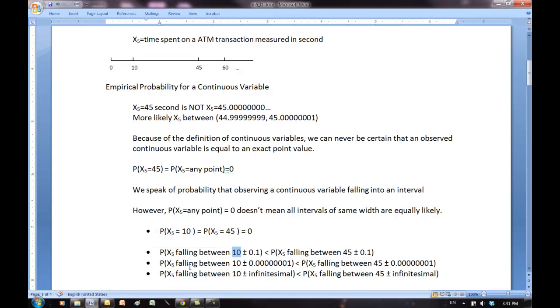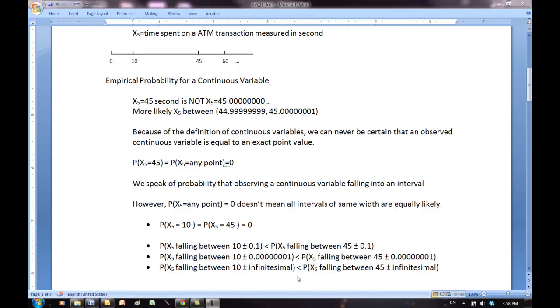And we can make similar statements but with a smaller interval. If this is true, then intuitively this is also true. The only difference being the interval is much smaller than in the first example.